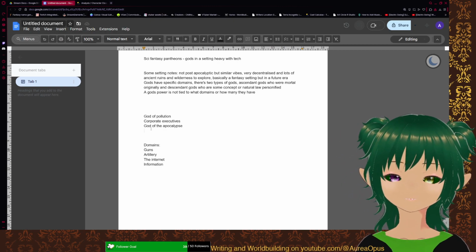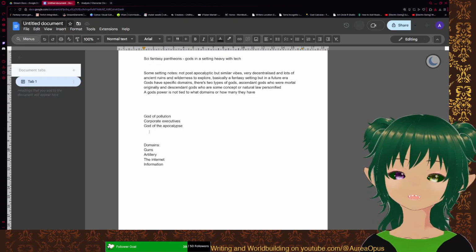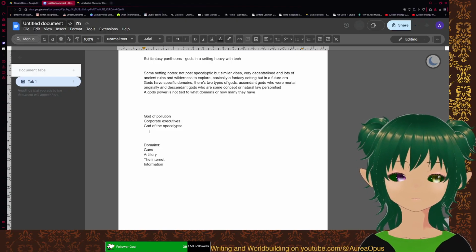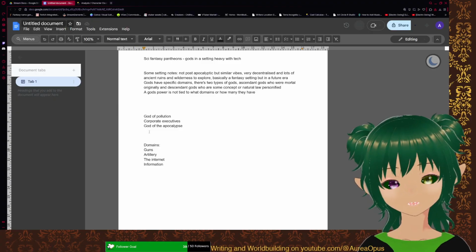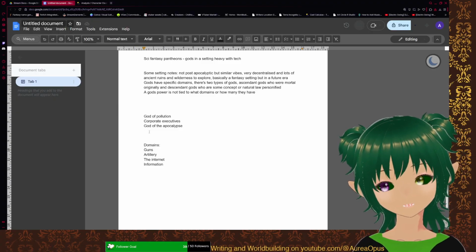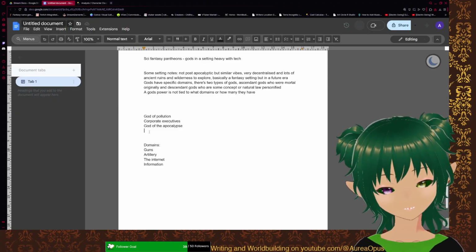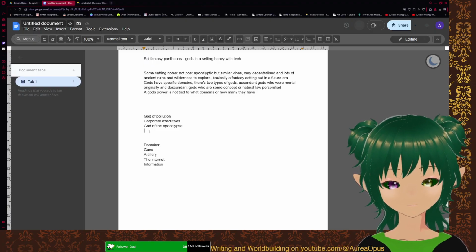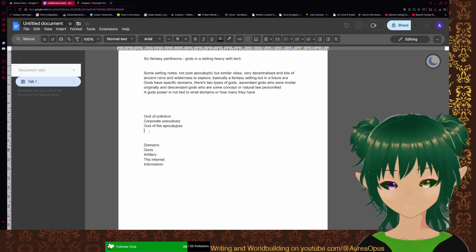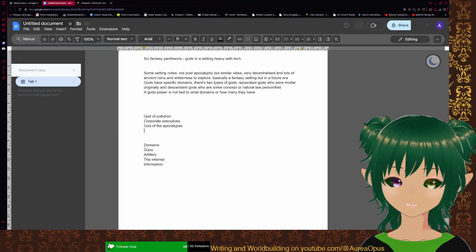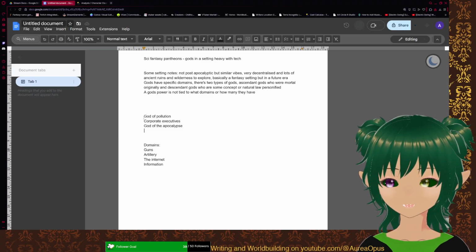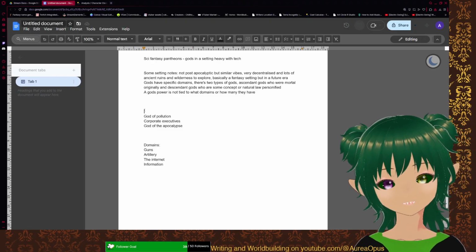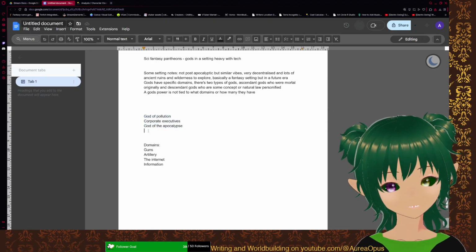I don't want these to be a very rigid kind of design. You know, I don't want it to be, oh, this is the god of the forge, and their thing is that they make stuff out of metal on a forge specifically, and that's what they're restrained to. They should have more variety and abilities within that, and they should be able to step outside of a theme to a certain extent as well.